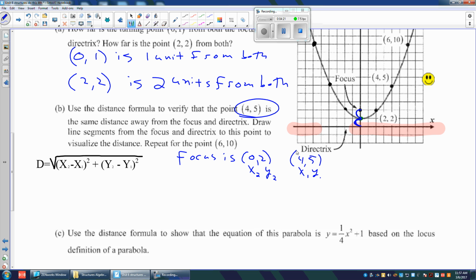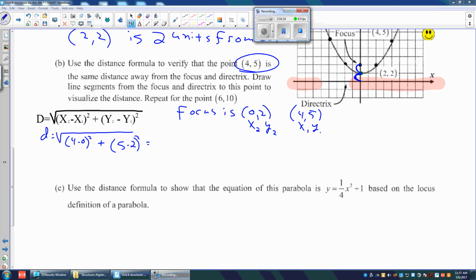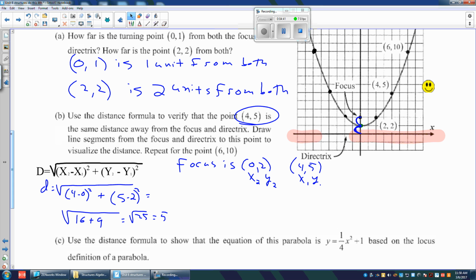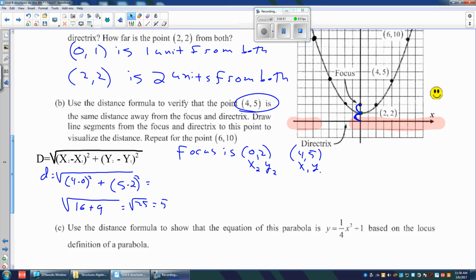I put them into the proper spot in the formula, and I get the square root of 16 plus 9, which is the square root of 25, which is 5. Now, let's see if we can actually count the distance. And it is 5: 1, 2, 3, 4, 5. The y-ordinate is the height away from it. So it does check that it is on the parabola.